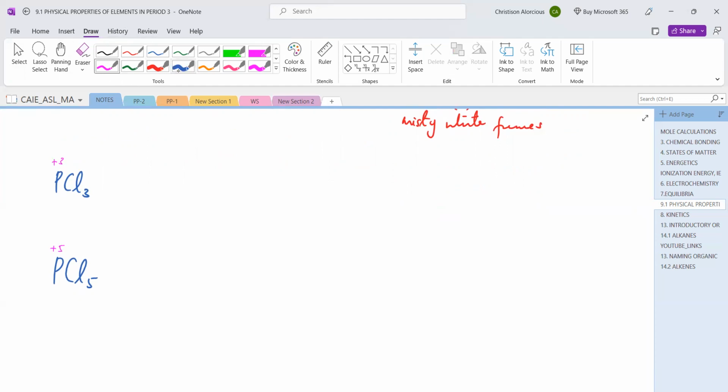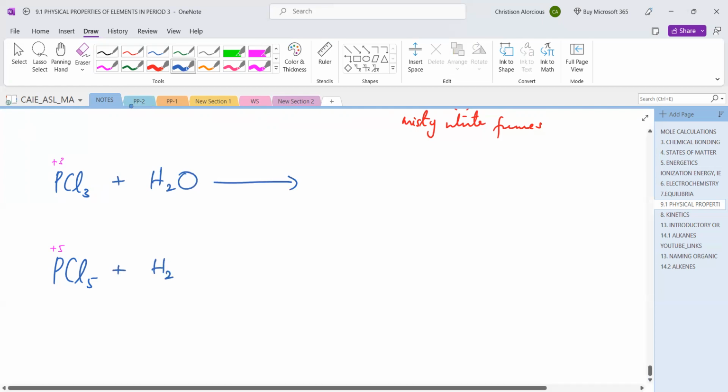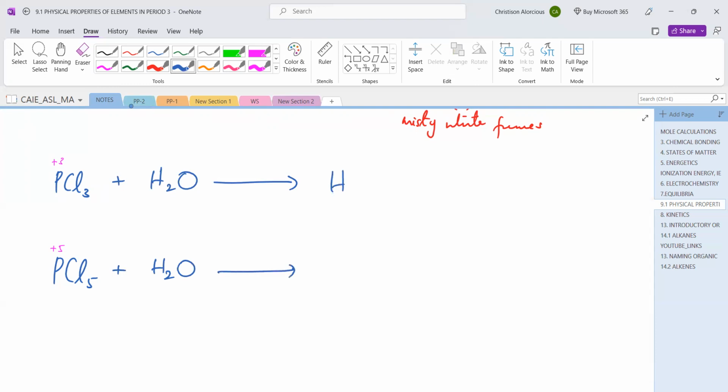Both of them react very vigorously with water, get hydrolyzed, producing the phosphorus-containing acids. This will give you H3PO3, which is called phosphorous acid, or phosphoric(III) acid as it's called now.